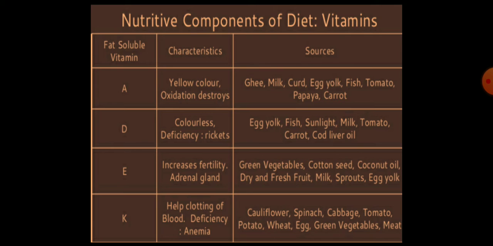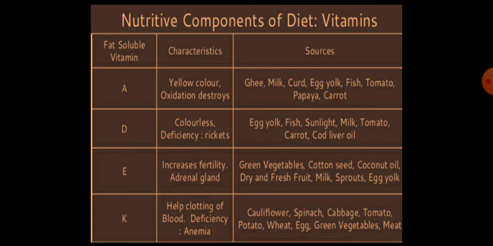Vitamin E sources: green vegetables, cotton seeds, coconut oil, dry and fresh fruits, milk, sprout, egg yolk. Vitamin K sources: cauliflower, spinach, cabbage, tomato, potato, wheat, egg, green vegetables, and meat. So the nutritive components are there.